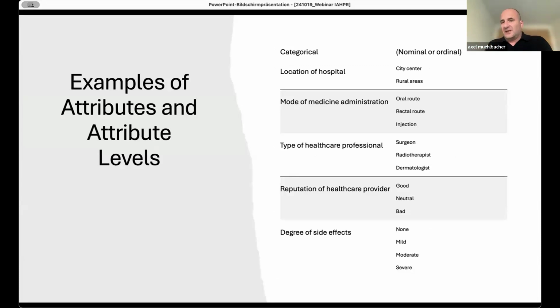And the location of the hospital, city center, rural areas, and the degree of side effects in here as categorical compared to the continuous one. Here, there are none, mild, moderate, and severe.